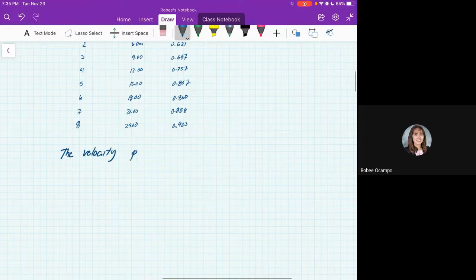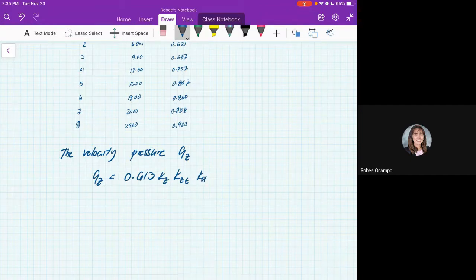The velocity pressure QZ is QZ equal to 0.613 times the KZ times KZT times KD times V squared. Okay?